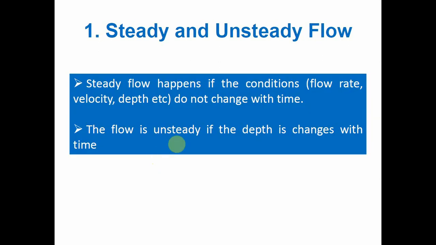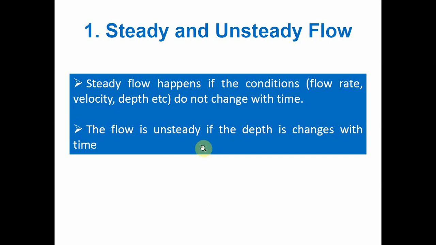Next one, unsteady flow. The flow is unsteady if the depth changes with the time. So if at any point in a channel flow, the flow characteristics such as depth of the flow, velocity of the flow, rate of the flow change with respect to time, the flow is said to be unsteady flow.